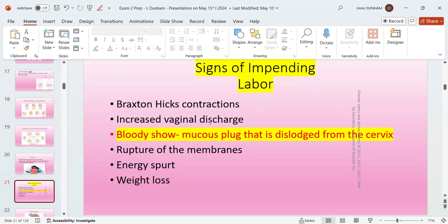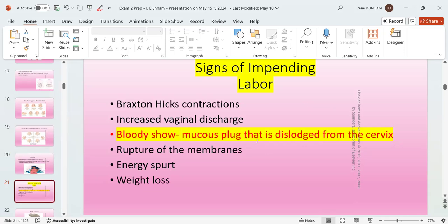Increased vaginal discharge could be a sign. We get a lot of discharge during pregnancy, and it increases because it starts to lubricate the vagina for the baby to descend. Then you get bloody show, which is the mucus plug being dislodged from the cervix. It's real thick, blood with mucus, and you don't need it anymore.